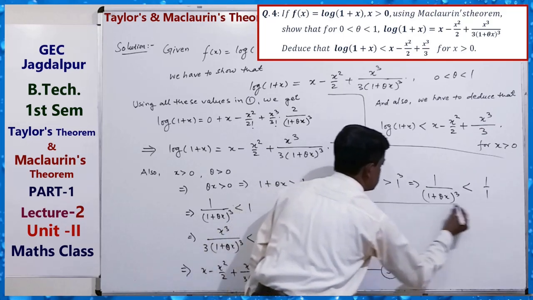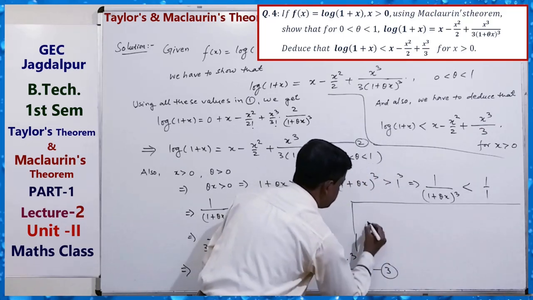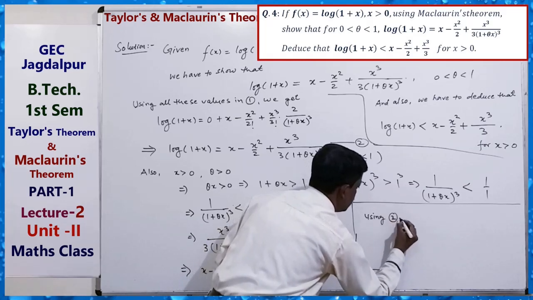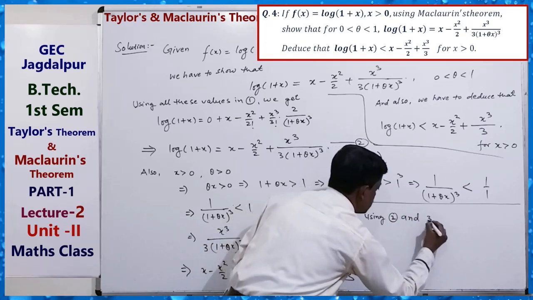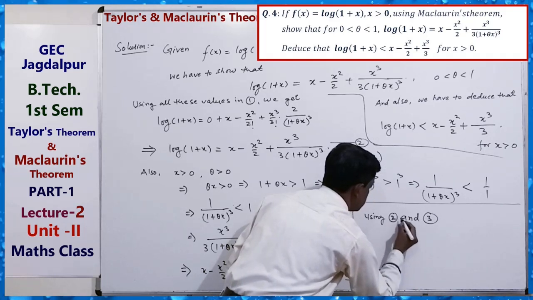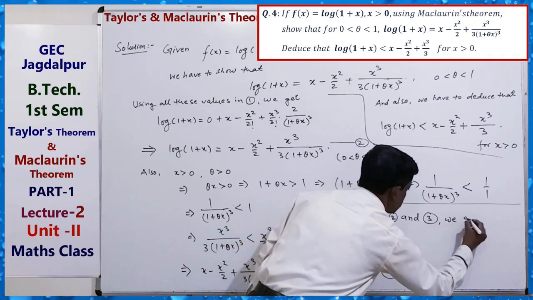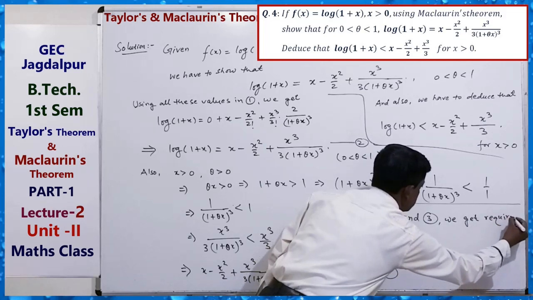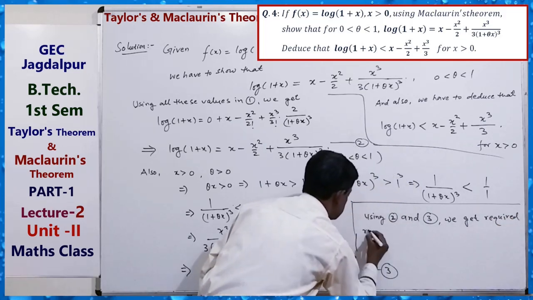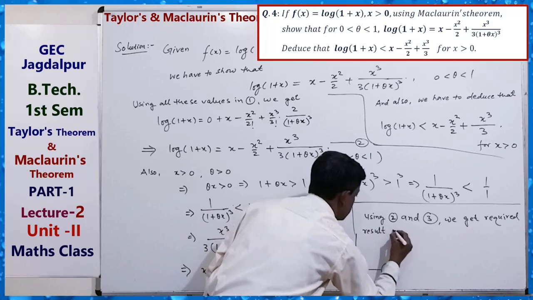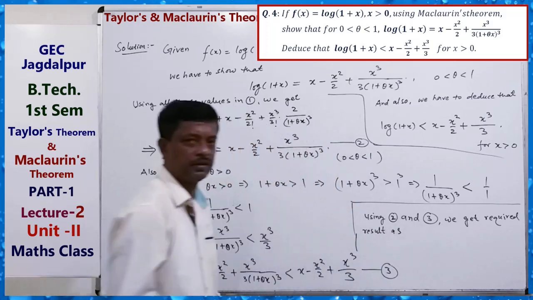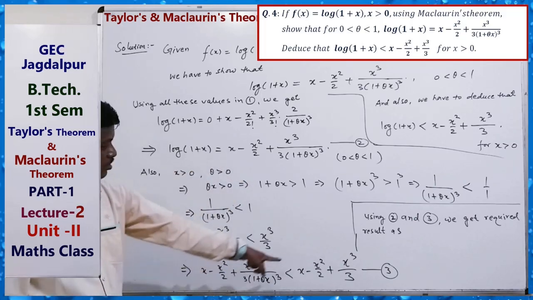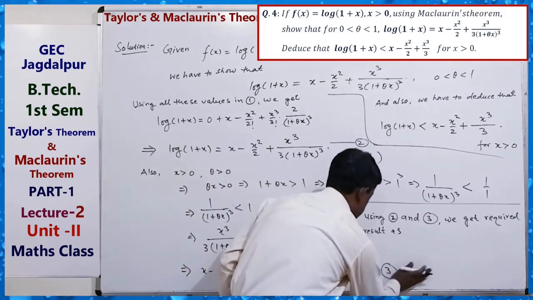Now using 2 and 3, we get the required result. So log(1 plus x) is less than this.